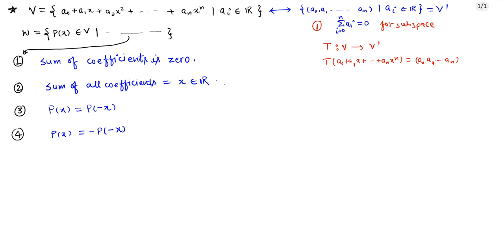If you define next some p of alpha that is equal to 0 and alpha is equal to 1 to any n, this is a subspace or not?